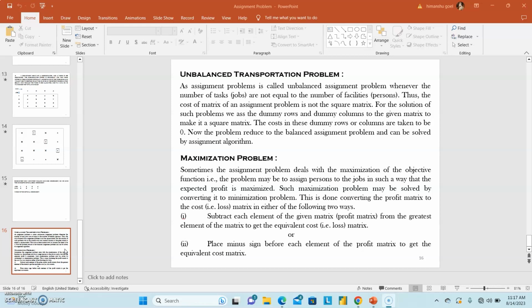You can place a minus sign using your software or pen and paper onto the profit matrix, and it will be converted to a cost matrix. Then it becomes a minimization problem, and we can solve it using the assignment algorithm, right? So that's it for the assignment problem.